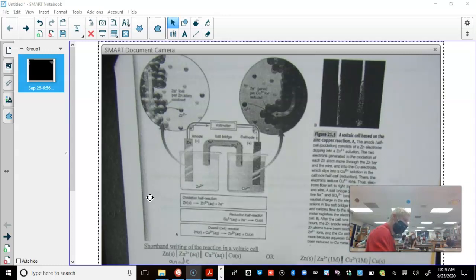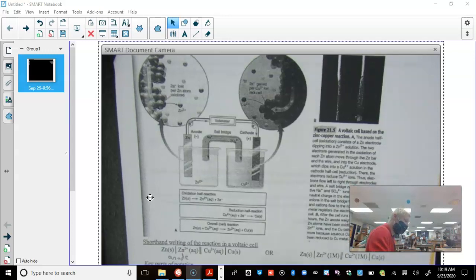A single vertical line separates them. A double vertical line represents the boundary on either side of the salt bridge. All right. And the electrons flow in which direction? Anode to cathode. Fat cat. There it is. All right.